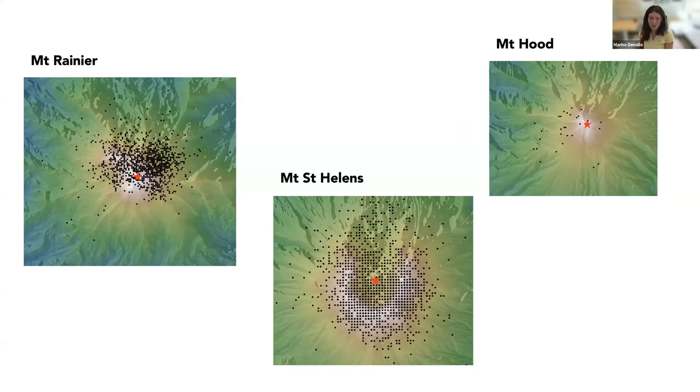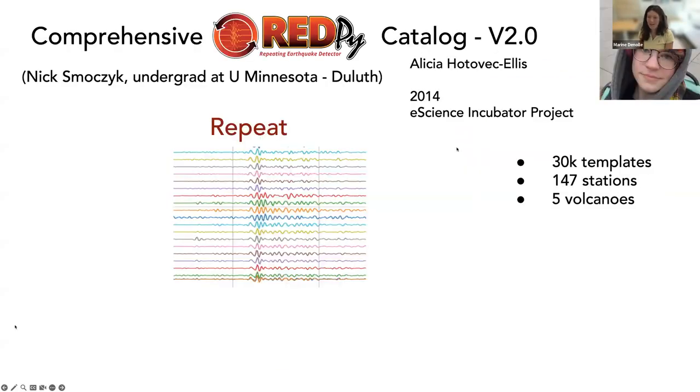We have other ways to look at the data, and I want to give good credit to eScience for running these incubator projects. There's this detection algorithm called REDPy that was part of Alicia Hudelson's eScience incubator in 2014, which basically creates a catalog, detecting automatically like what any other earthquake seismic network would do. And then it uses that waveform and says, hey, I'm sure this repeats in time if the earthquake is located at the same spot.